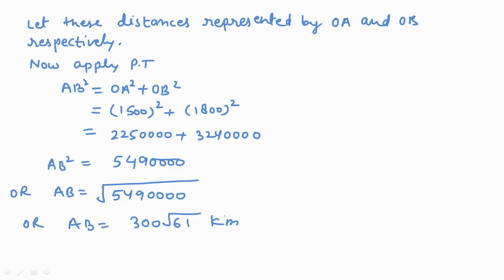Now let's see the question number 12. The question number 12 is: two poles of height 6 meter and 11 meter stand on a plain ground. This is your plain ground, and one pole has the height 6 meter and the second pole has the height 11 meter.